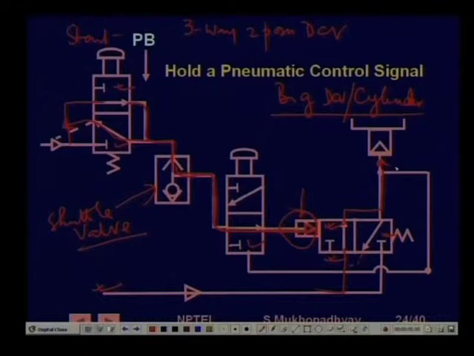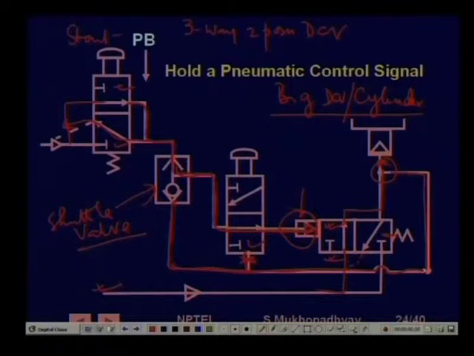Now, the interesting thing is that one need not keep this push button pressed, because once the pressure develops here, that same pressure is going to be fed back, and this connection is wrong, it should be connected here. So, it is fed back here.